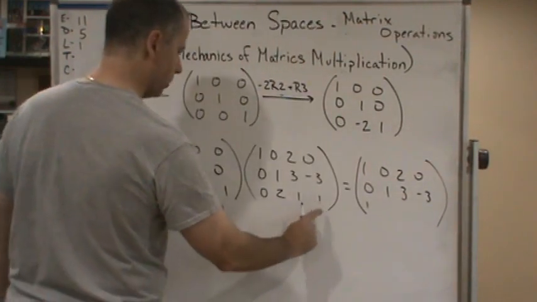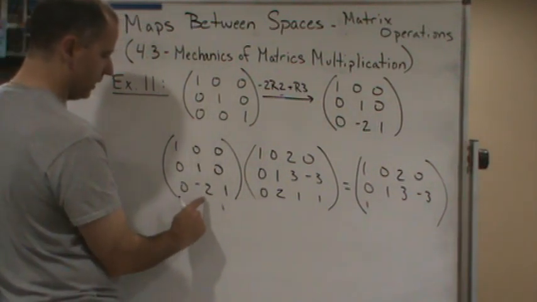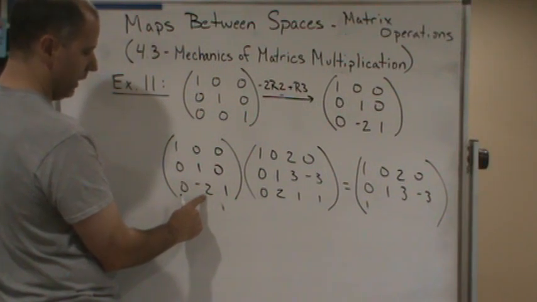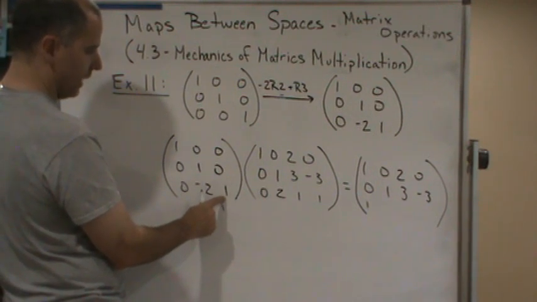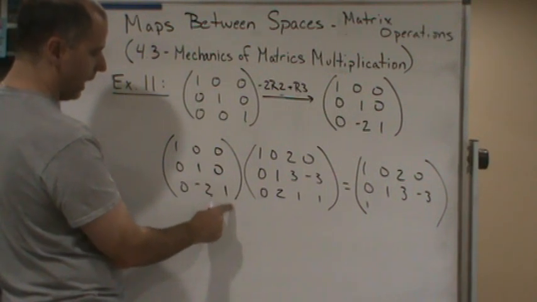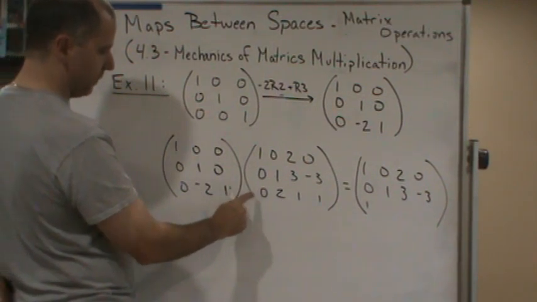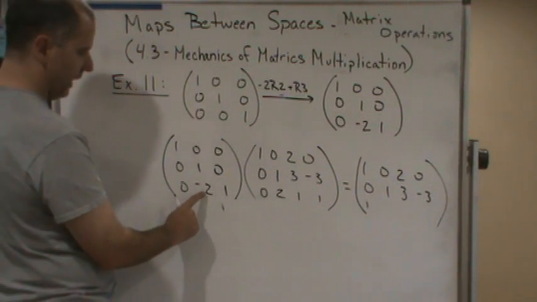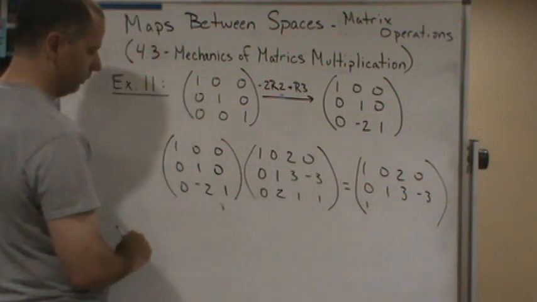Now what is it going to do to the third row? It's going to take -2 times the second row plus 1 times the third row, and copy it into the third row. So this takes a copy of the third row, but it's also going to add negative 2 times the second row.